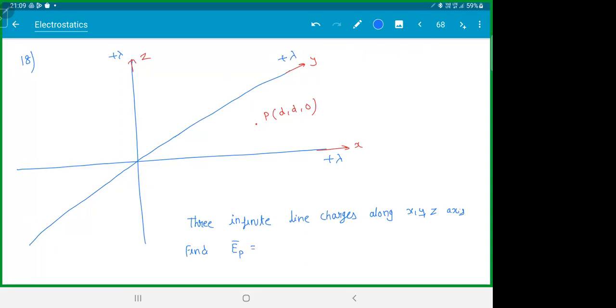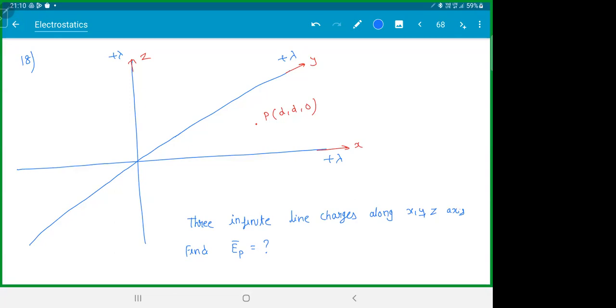Find the electric field at point P. Try.